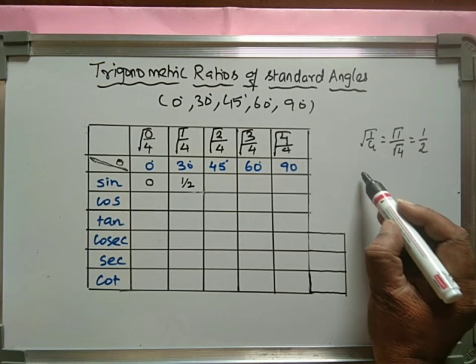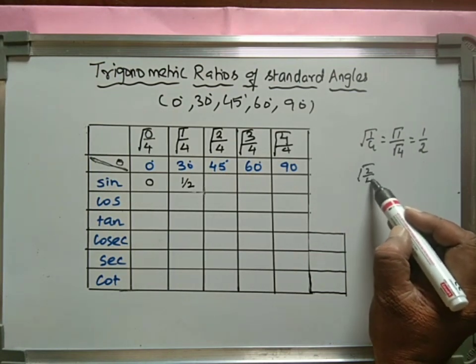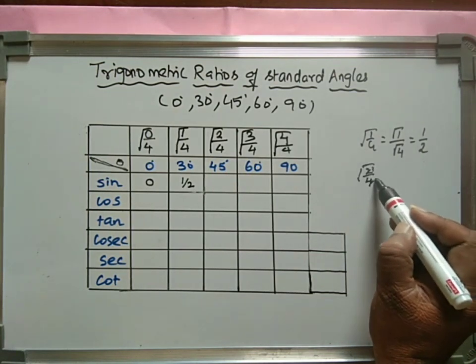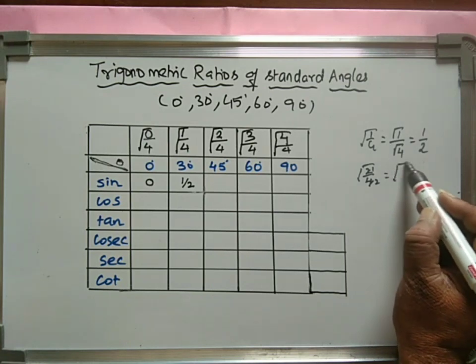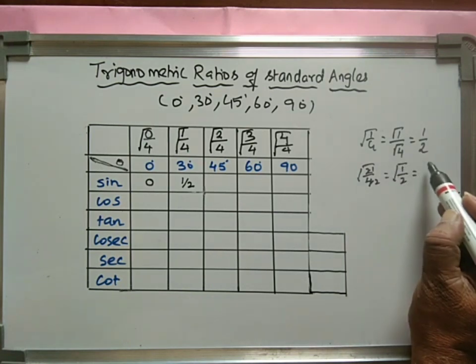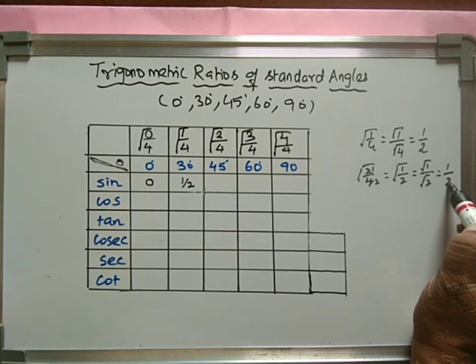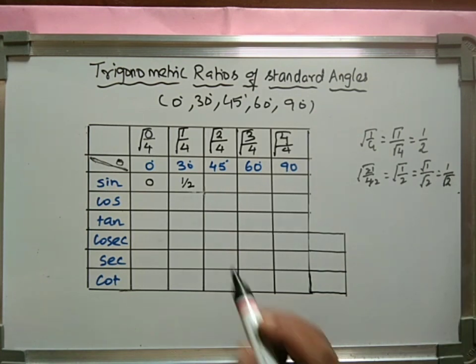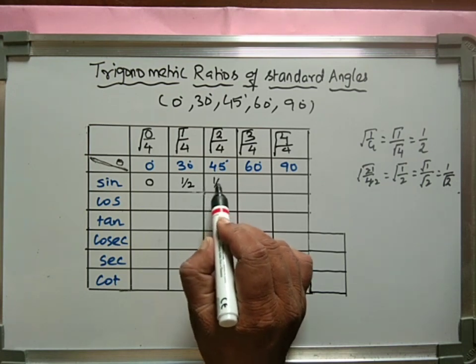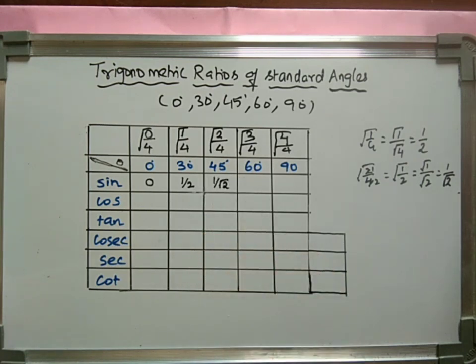Now the third one you see here. Root 2 by 4. This goes for 1 time and this goes for 2 times. So we get root of 1 by 2, that is root 1 by root 2, which is equal to 1 by root 2. So sine 45 degree is 1 by root 2.